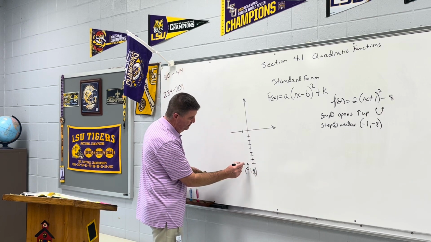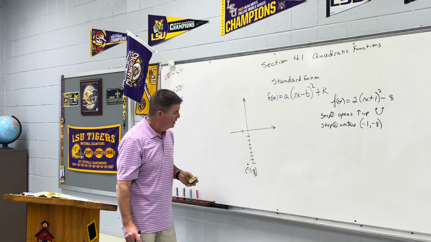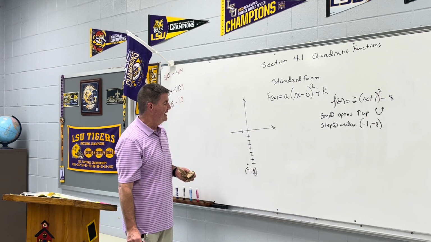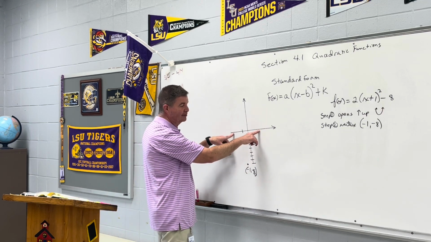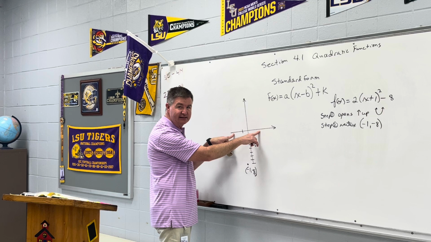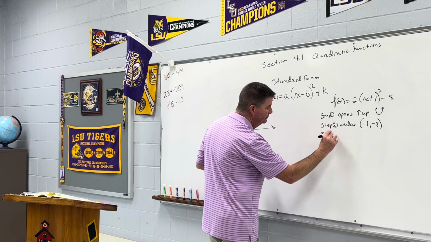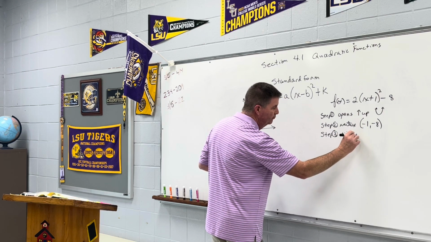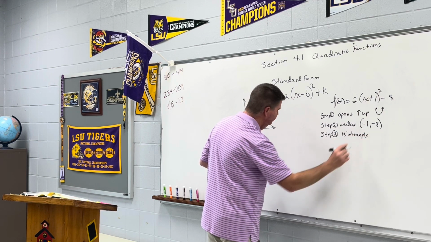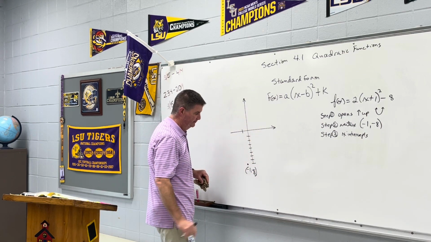And we know it's opening up, so we know it's going in the upward direction. Well, other things that we're going to use to aid us is, if it's opening up, it's got to cross the x-axis. So for step 3, we're going to find the x-intercepts. Where it crosses the x-axis is called our x-intercepts.